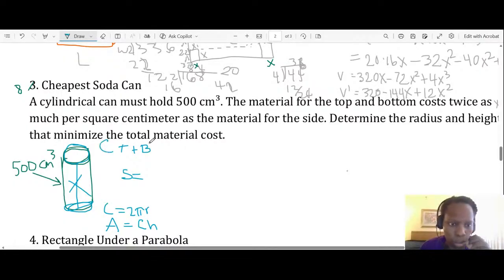So the cost of T plus B costs twice as much per square centimeter as the material for the side.